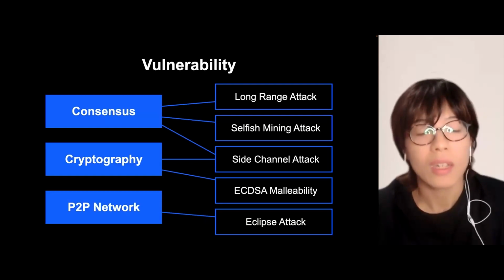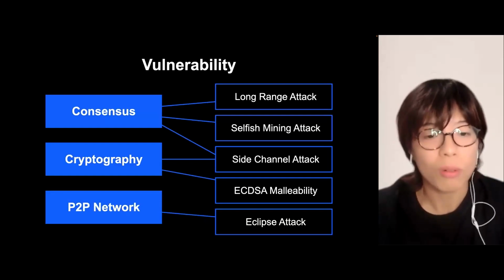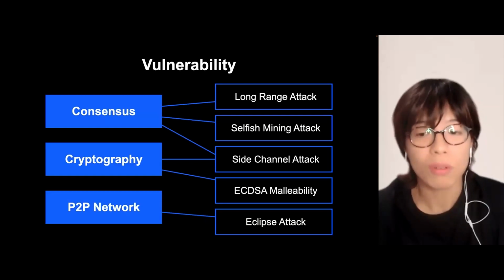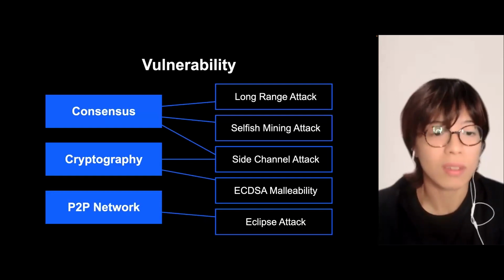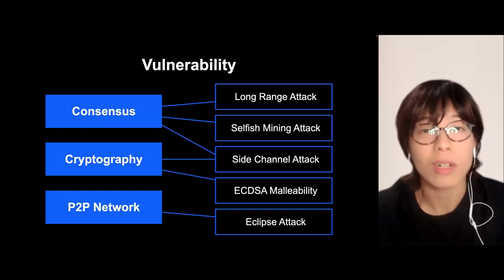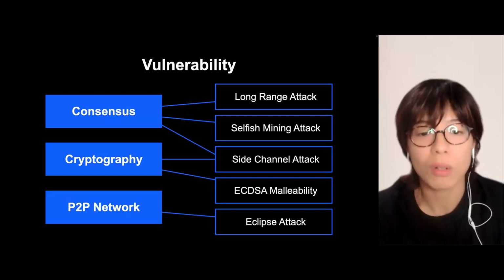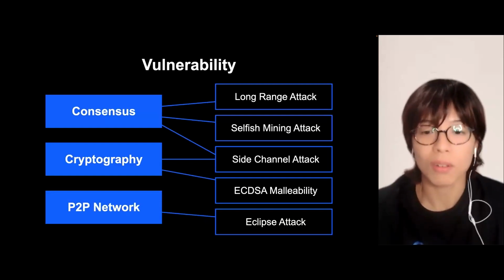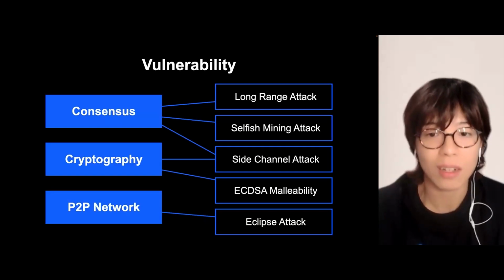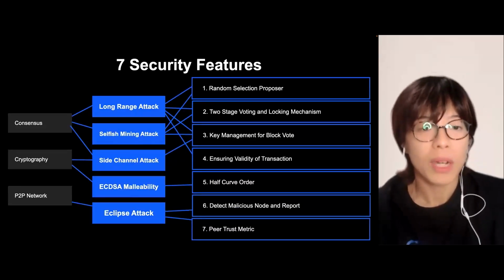The ECDSA vulnerability is that in ECDSA, two signatures can be generated by the elliptic curve. That's a feature, but attackers exploit it as a vulnerability. And many Bitcoin were stolen from the P2P network in the eclipse attack, where the node is surrounded by rogue devices, so there are unlawful transactions from there.